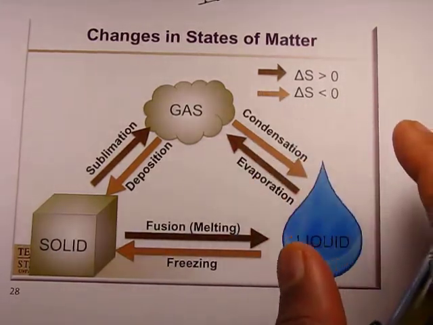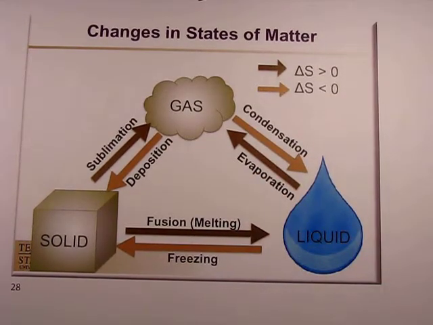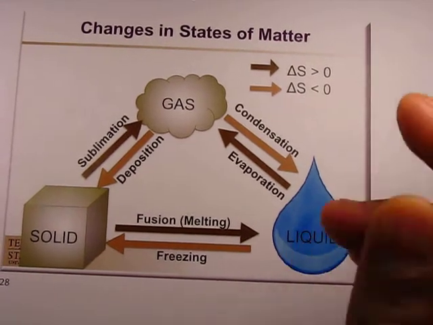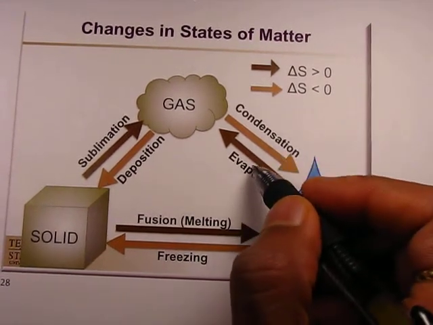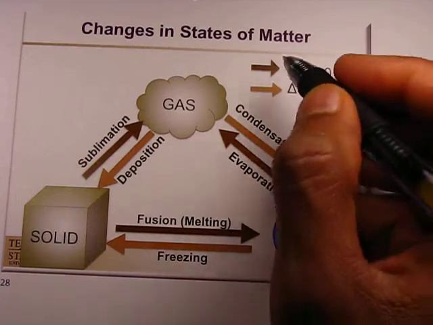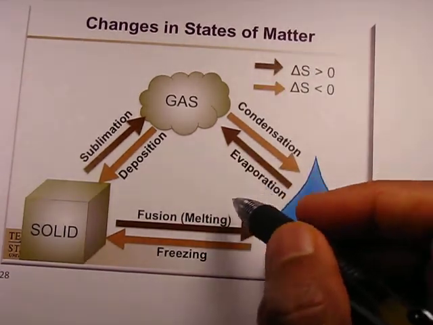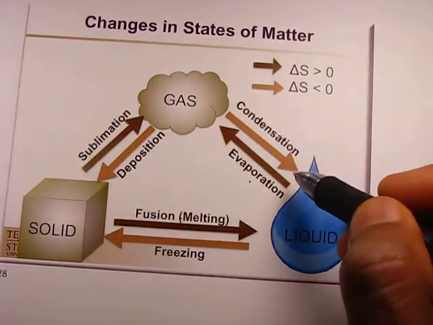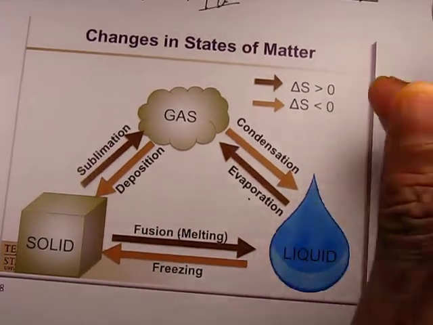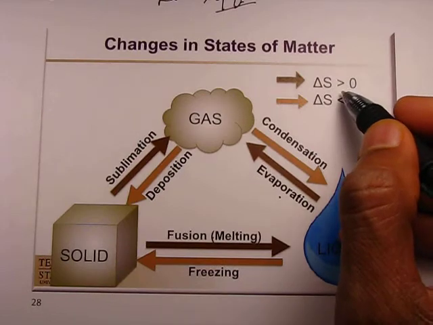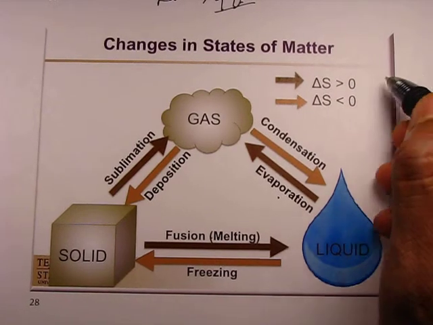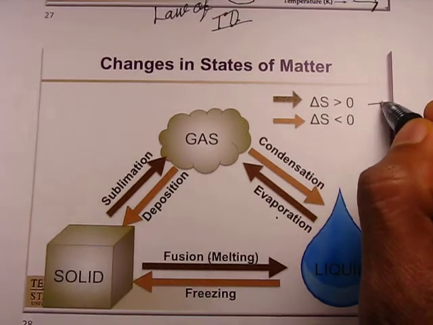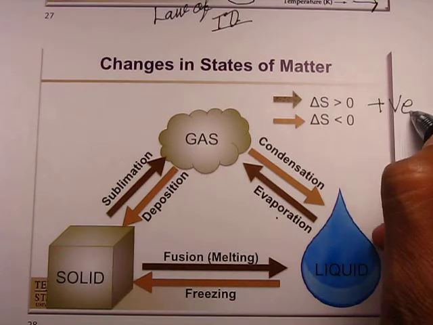In these processes, the dark brown arrows, fusion, evaporation and sublimation, delta S, the change in entropy, is more than 0, meaning positive.